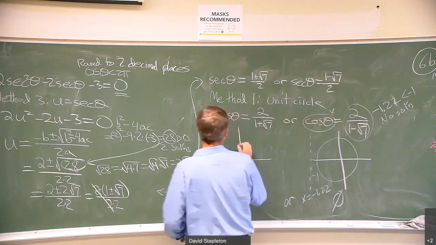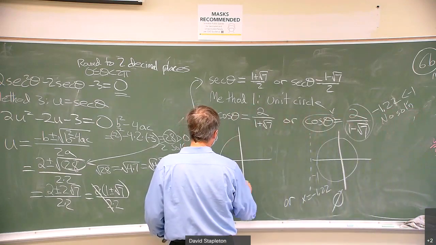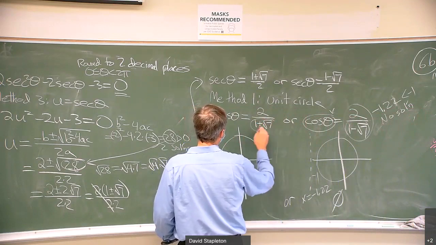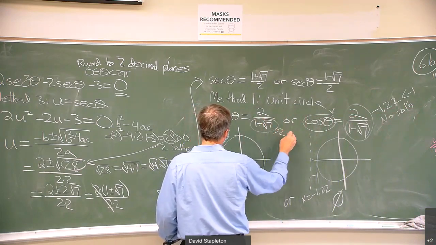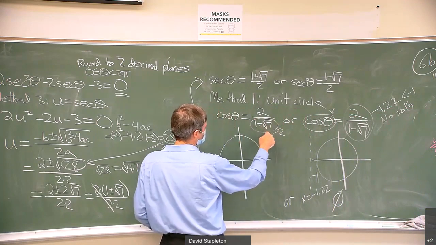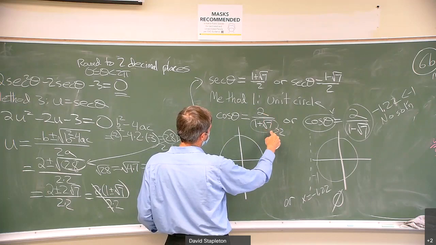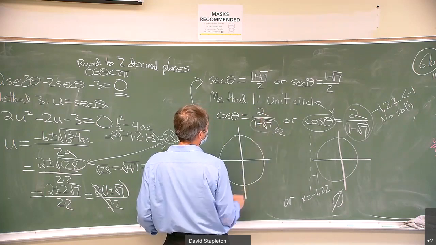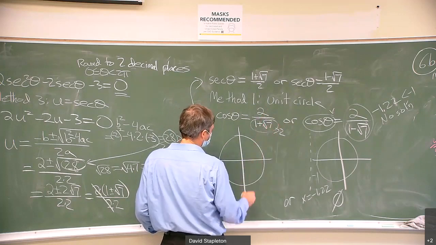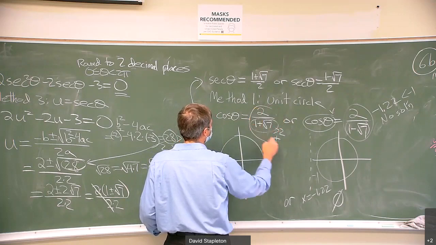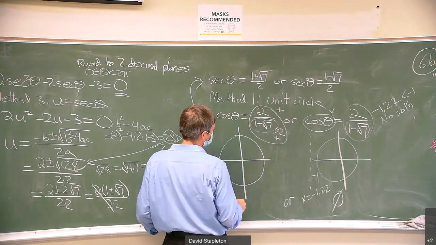How about solutions here? This one will have solutions because this number is between 0 and 1, right? Square root 7 is bigger than 1, so the sum is bigger than 2, and so the denominator is bigger than the numerator. The quotient is a positive number between 0 and 1.